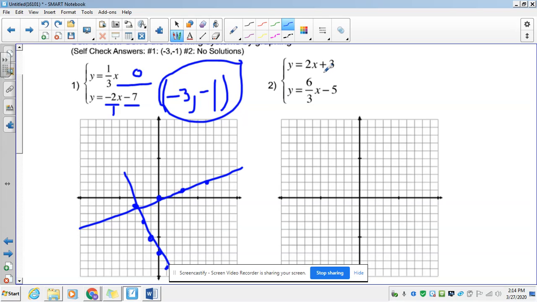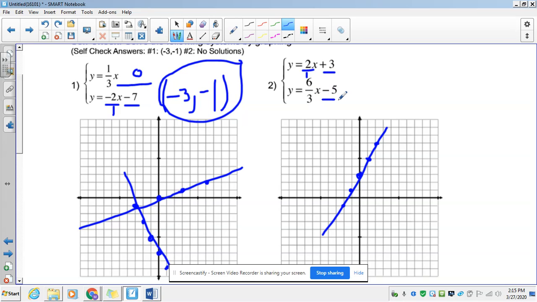Again, start at your y-intercept, +3, and move your slope to, oh, what's my run? 1. Very good. Put it over 1. So this is up 2 to the right 1, up 2 to the right 1, down 2 to the left 1 to go backwards. Again, the more points, the better, just to make sure you can find that point of intersection.